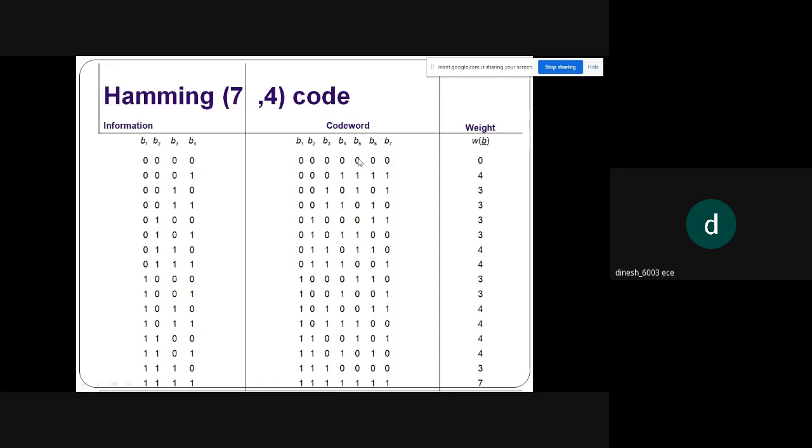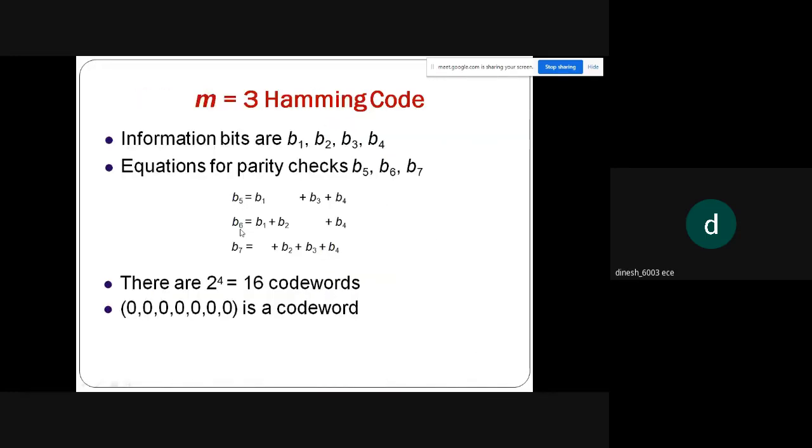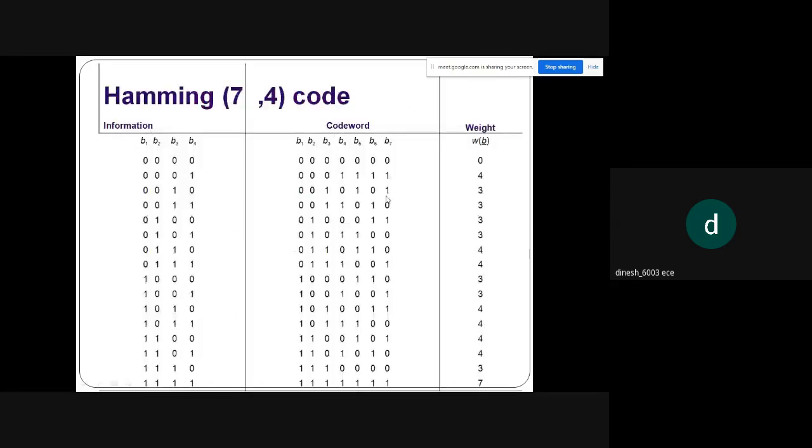Okay, B5, B6, B7 is your parity. So write it. Determine B5 using this, determine B6 using this, determine B7 using this. So we'll get this.